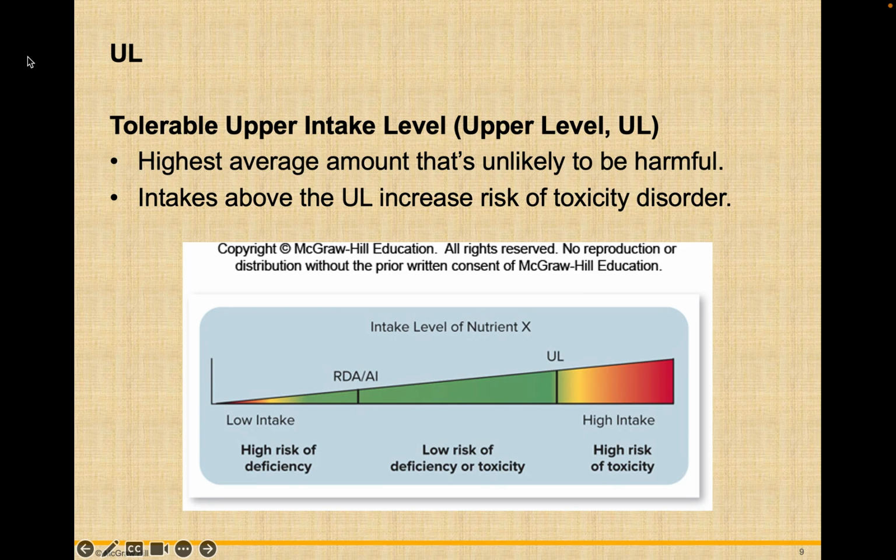ULs, or tolerable upper level intakes, are the highest average amount that's unlikely to be harmful to a person. Intakes above the UL increase risk of toxicity disorder. We'll talk more about AIs and ULs when we study vitamins and minerals.